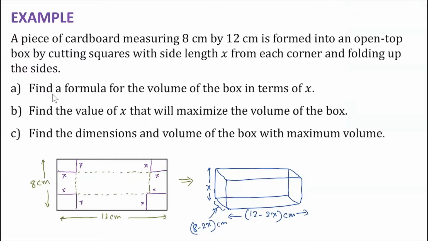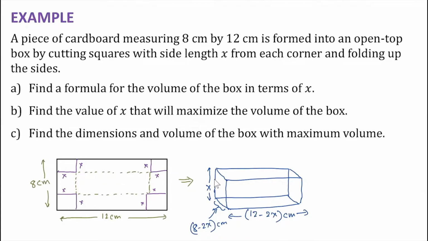Now in part A, we are asked to find a formula for the volume of the box in terms of x. So here 12 minus 2x is the length, width is 8 minus 2x, and the height is x. So the volume will be length times width times height.